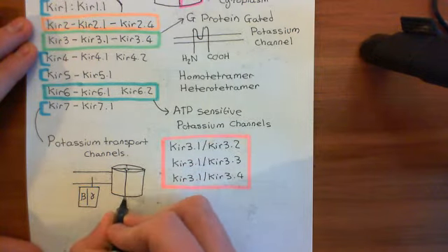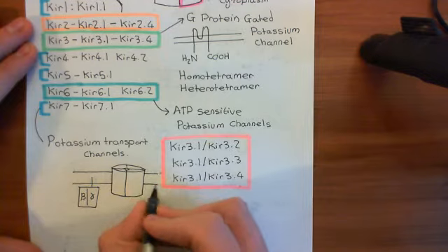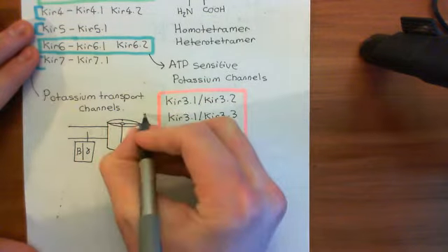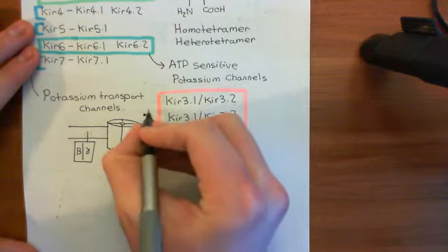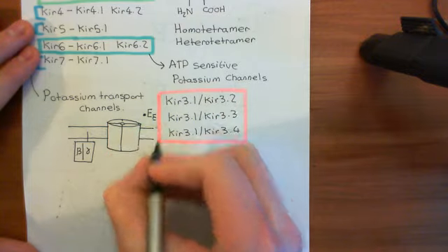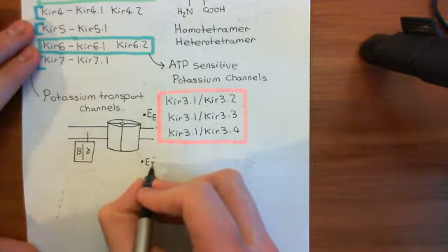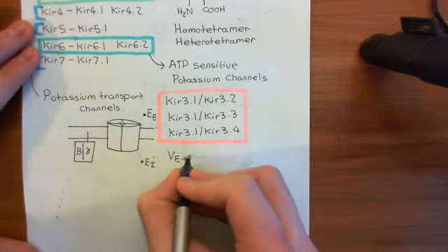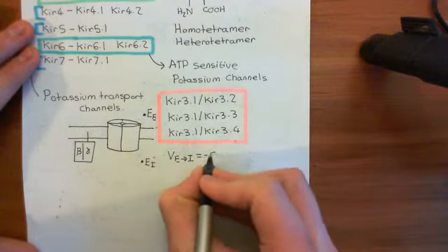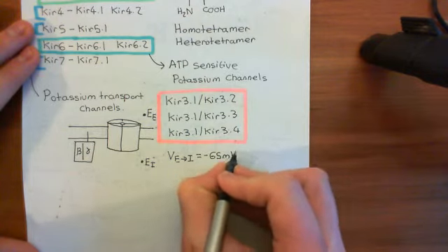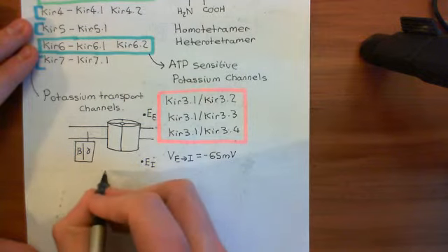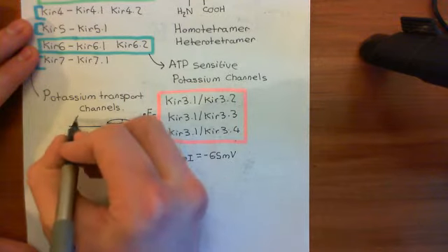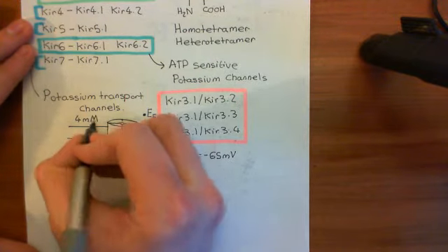Okay, now what happens if the G protein gated potassium channel opens? Well, we know what the normal electrical potential difference across the membrane is. We know that it's usually around -65, which means that the intracellular electrical potential is around 65 millivolts lower than the extracellular electrical potential. Okay, so this is usually around -65 millivolts. Now, we also know that potassium concentration inside the cell is around 155 millimolar, and extracellularly it's around 4 millimolar.